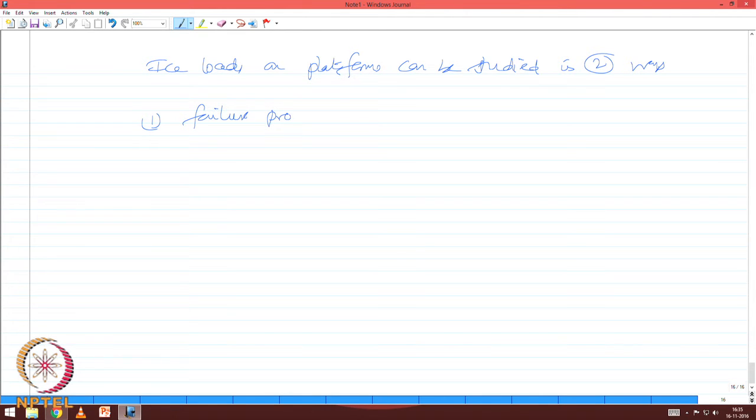So, interestingly, ice loads and platforms can be studied in two ways. One, you can use the failure probability based method or approach. The second approach could be the expected loss based approach.